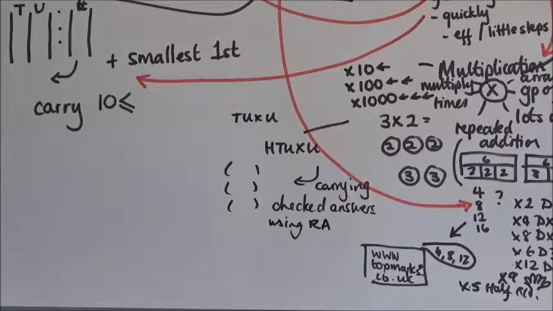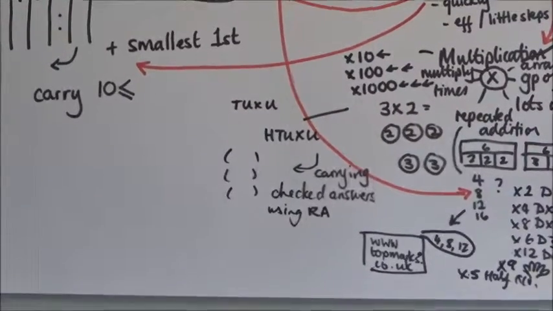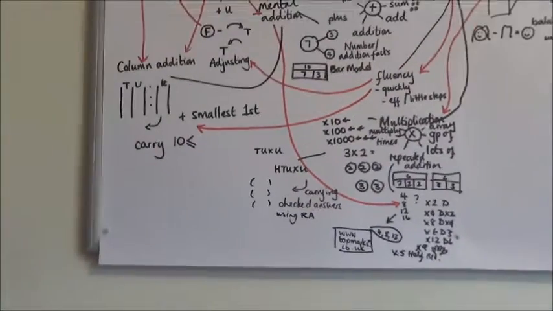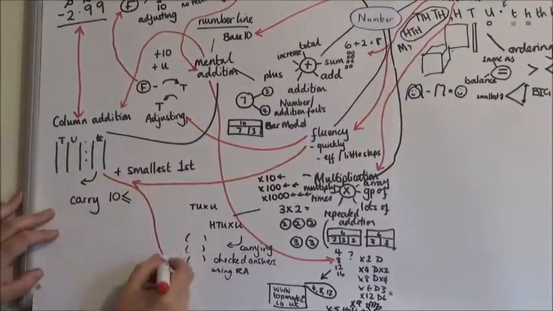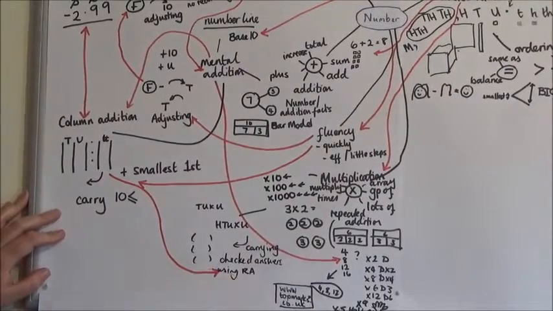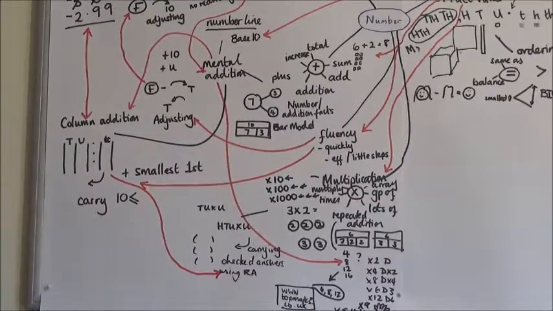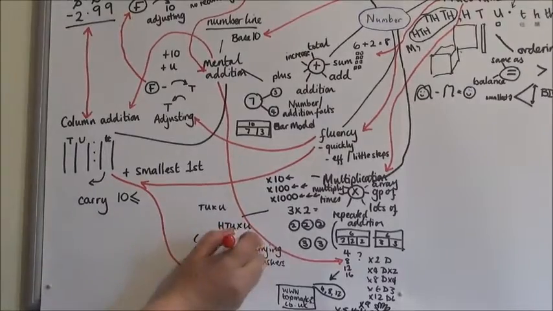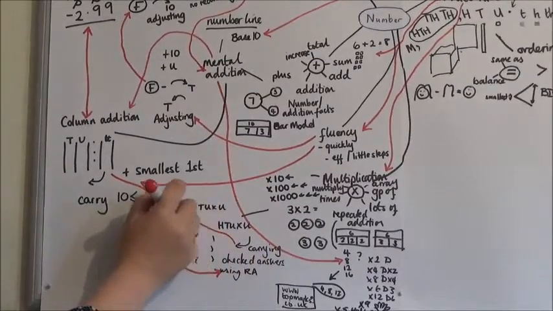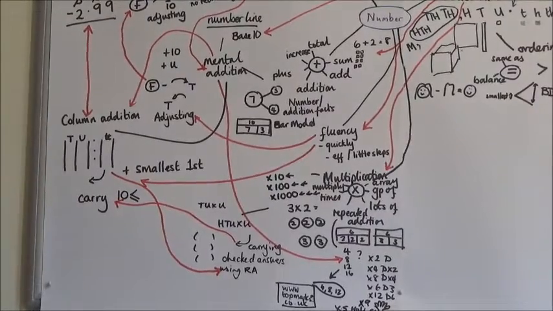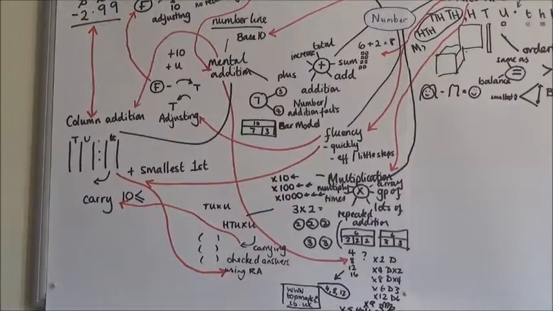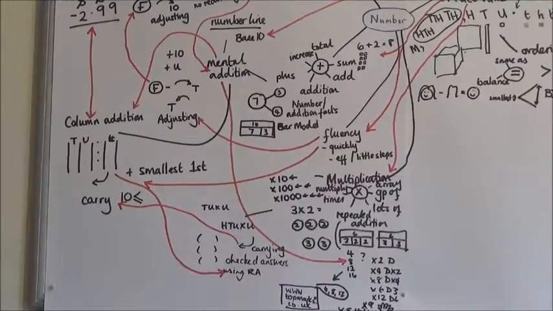So we used our understanding of column addition to help us with our repeated addition, and we also looked at the carrying strategy when a number was more than or equal to 10.